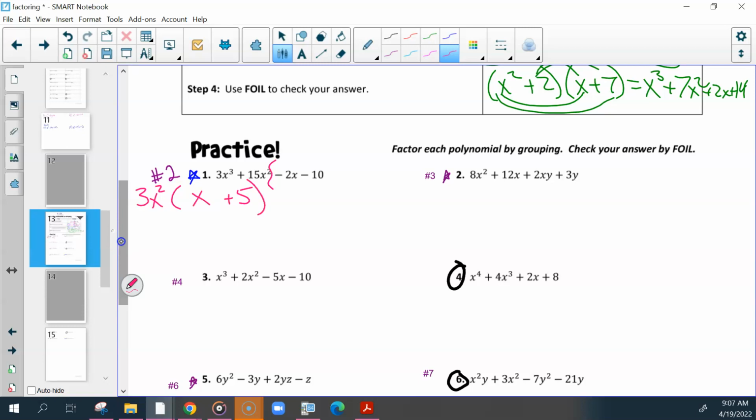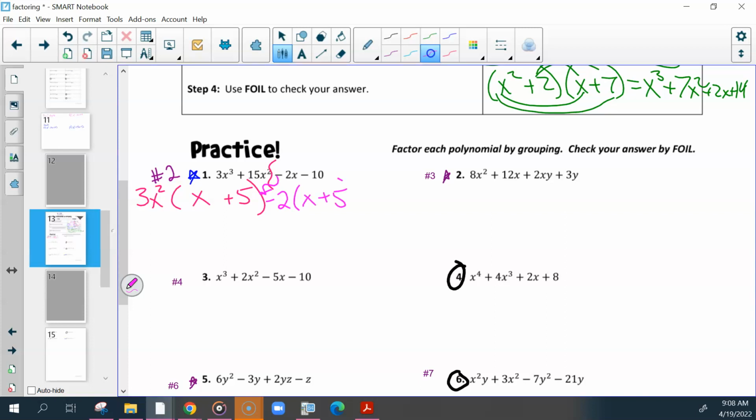It's 3x squared times x plus 5. And then what could we divide out of the second two? Negative 2. Bring that sign down. If we divide out negative 2, what would be left? X plus 5.